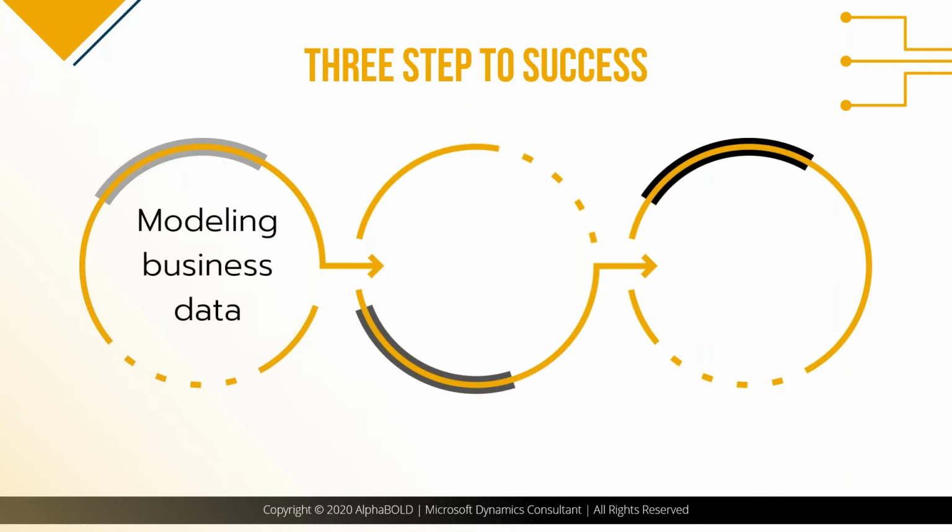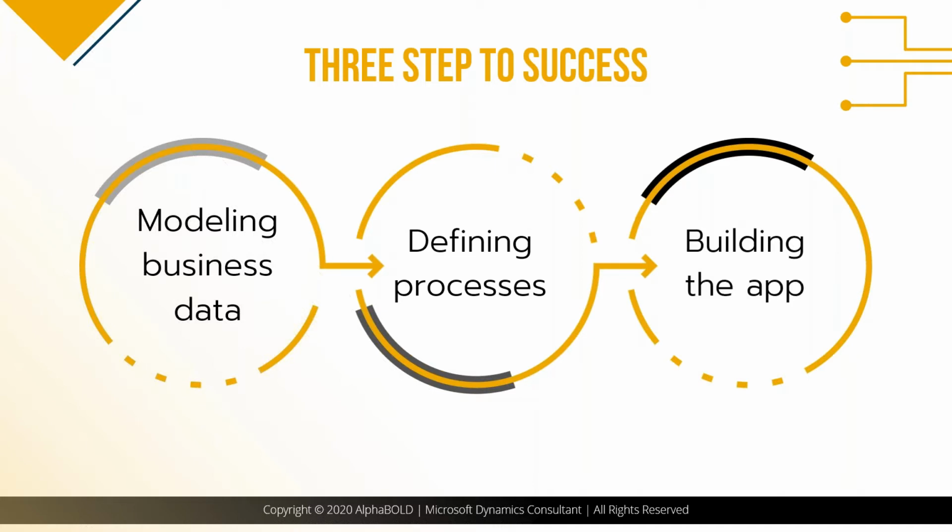That means we're going to define what I call entities, but the tables and fields that we need to come up with to store our data. The second thing we need to do is define our processes. What are the things that we need to accomplish once we've built that data model? How are we going to interact with that data? And then, quite simply, the final step is let's build the application. So get into the system, build out our data model, build out our forms, our layouts, our views, and deploy the application.